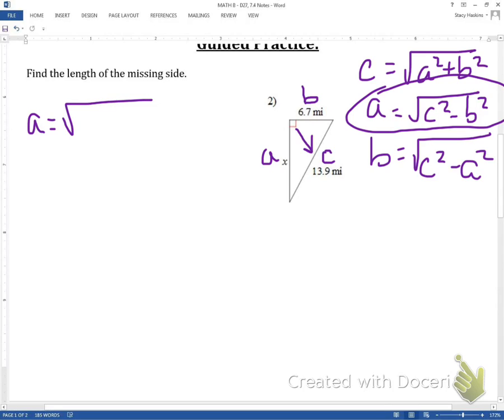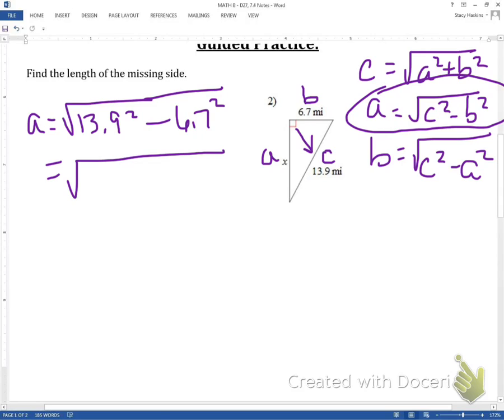And again, we're going to fill in, what's our C? 13.9 squared minus our B value, 6.7 squared. Alright, now evaluate the expression. You'll have to find out what 13.9 squared is equal to first.